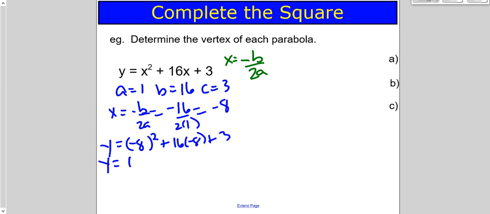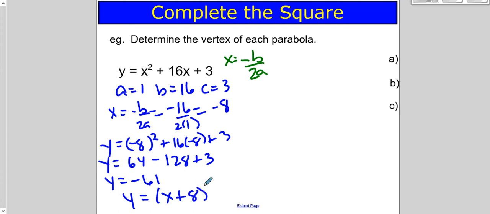Negative 8 squared is 64. And then 16 times 8 is negative 128 plus 3. This is going to give me negative 64 plus 3, which is negative 61. And then my equation using my a value, which is 1. So then x, and then I put this negative 8 back into the brackets, becomes a positive 8 squared minus 61.